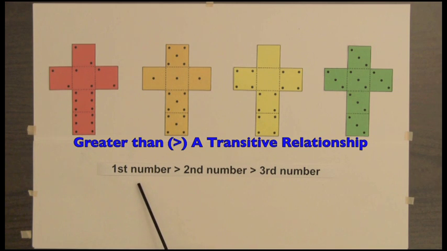If a first number is greater than a second number, and the second number is greater than the third number, we can conclude from this information that the first number is greater than the third number. This is an example of a transitive relationship. In general, the greater than relationship is an example of a transitive relationship.